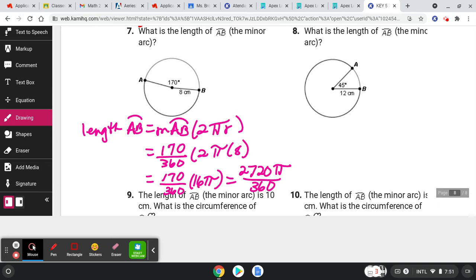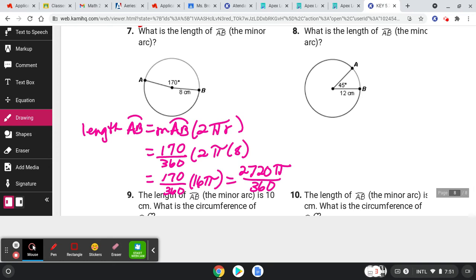And let's see, can 12 go into 272? No. I'm seeing what divides into 36 right now. Let's try 6. No. Okay, so it looks like it's just going to be 4 dividing by 40.